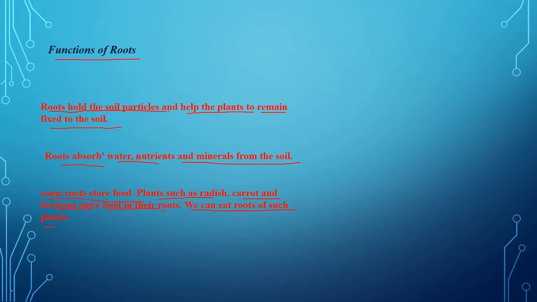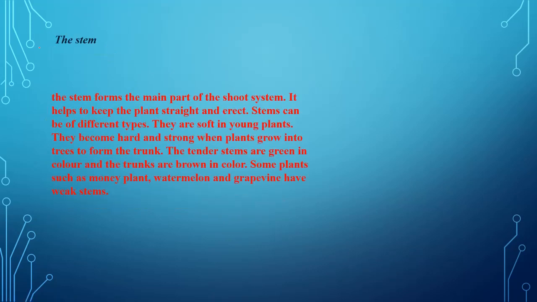Okay, next slide. We are going to read about the stem. The stem forms the main part of the shoot system, not the root system. It helps to keep the plant straight and erect.